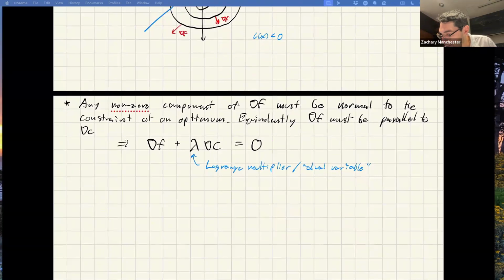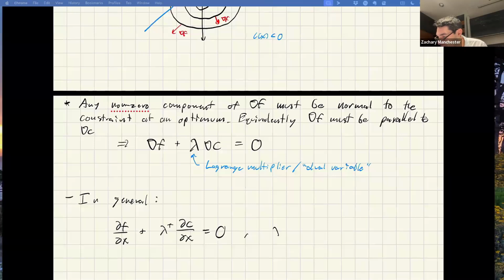And then in general, if I'm in some higher dimensional space where I've got a bunch of constraints, i.e. C is vector valued, it looks like this. We would have df dx plus lambda transpose dc dx equals 0.